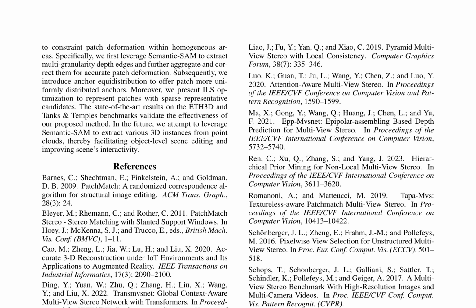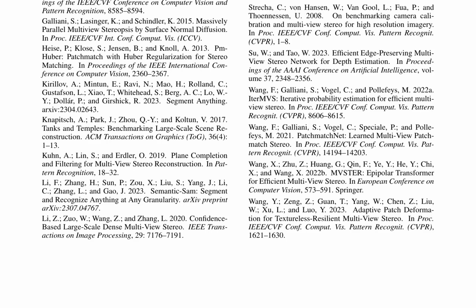MSP-MVS leverages multi-granularity segmentation prior to constrain patch deformation within homogeneous areas, using semantic SAM for extracting multi-granularity depth edges. These edges are then aggregated and corrected for accurate patch deformation. Ablation studies on the ETH3D benchmark validate each proposed component's effectiveness, indicating that all components contribute significantly to the overall method.